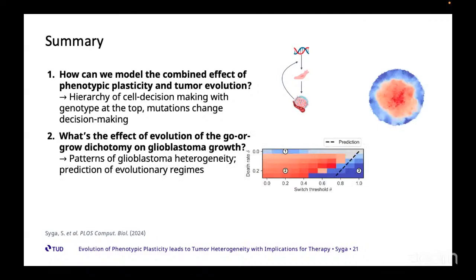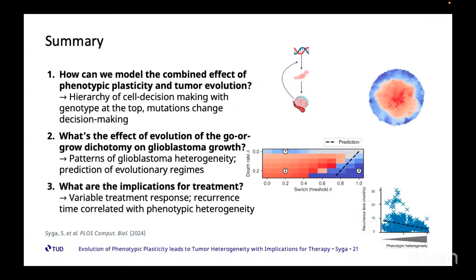Now, if we apply this idea to this go or grow dichotomy in glioblastoma, what we saw is that this actually can predict this kind of typical pattern that you see in glioblastoma tumors. And I derived this kind of map of the evolutionary regimes where I also could predict this transition line with a mathematical analysis. And finally, I saw that if you have high phenotypic heterogeneity in a tumor, then it is very likely that your prognosis is quite bad.